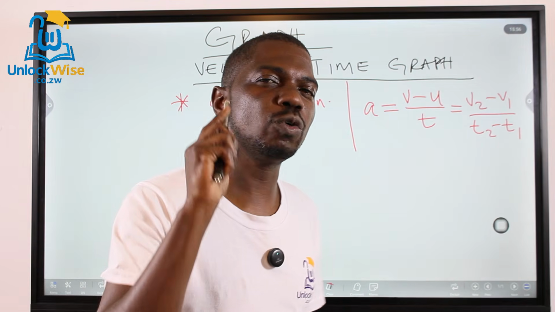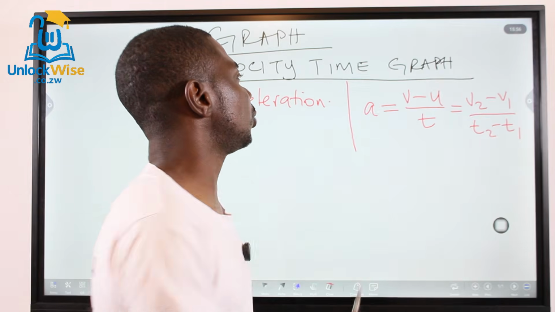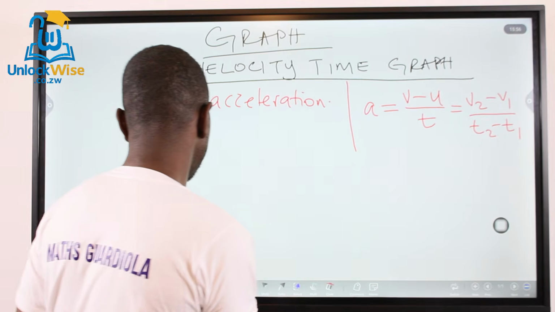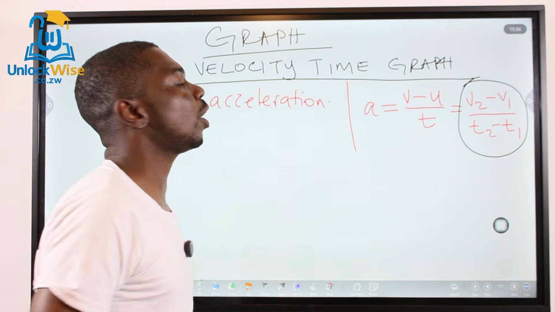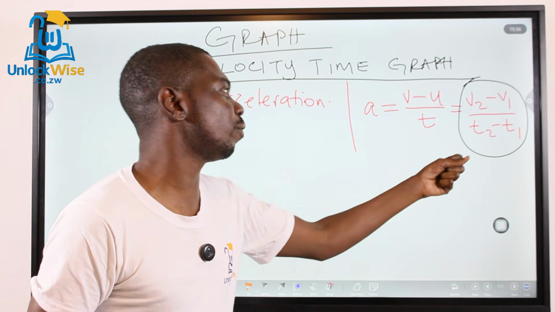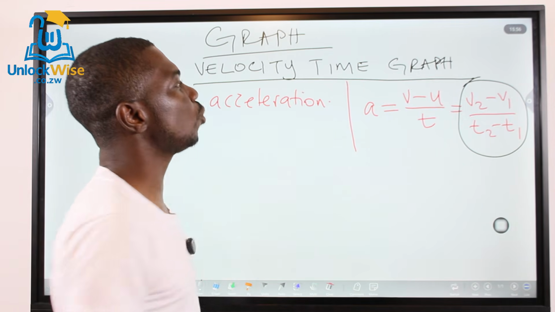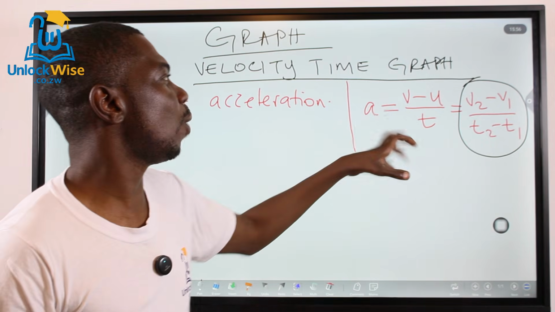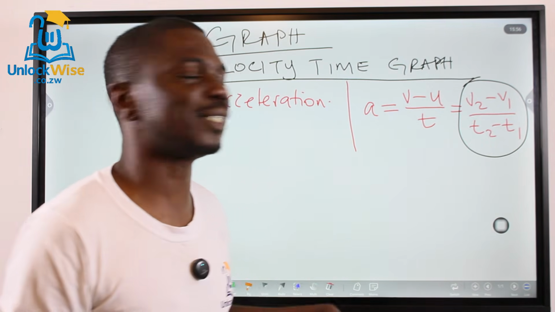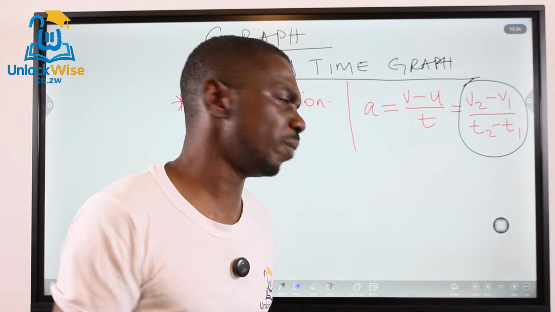So make sure you refer to that one so that you can even understand some more concepts on calculating gradient, v2 minus v1 over t2 minus t1, which in that case will be referred to as y2 minus y1 over x2 minus x1, which is even one and the same thing, by the way.